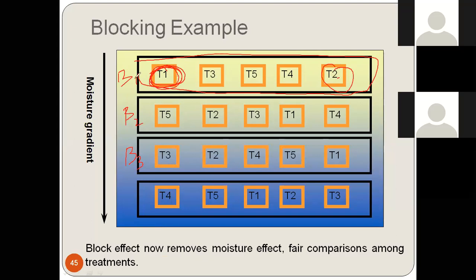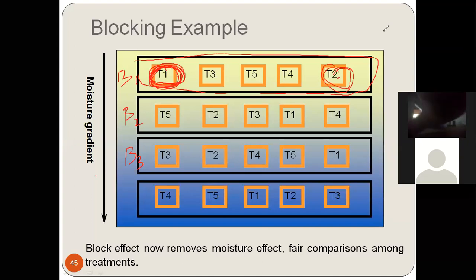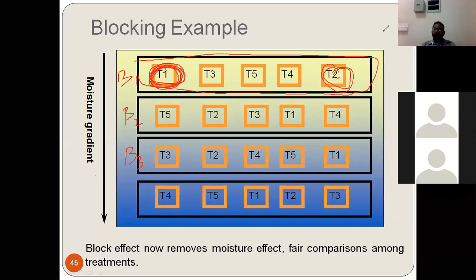There is homogeneity here. If you look at the moisture level at this plot and this plot, it is more or less the same. Why? The gradient is in this direction. Okay? Clear? This way of blocking is correct.